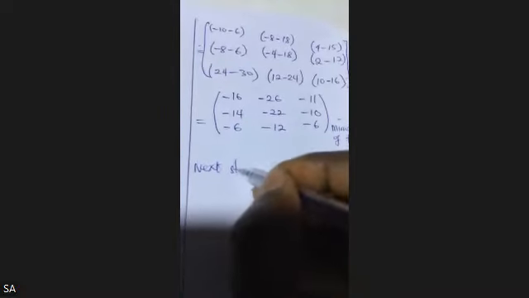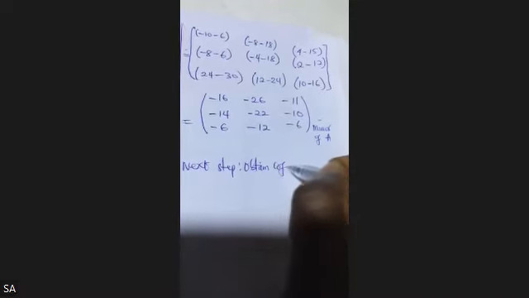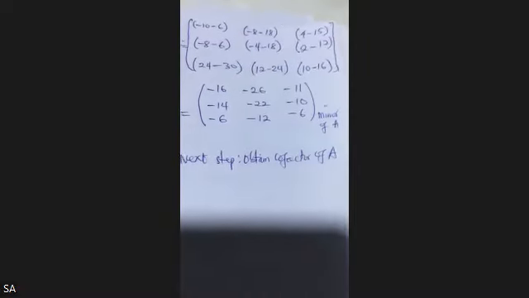Next step is what? Obtain cofactor. Cofactor of what? A. Class, remember, to obtain the cofactor is very simple. So what is a cofactor? Let me tell you what a cofactor is.